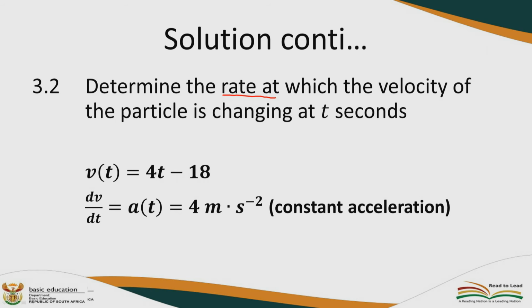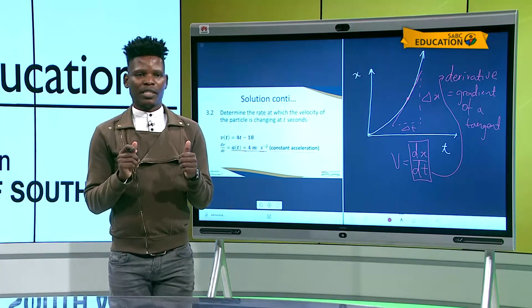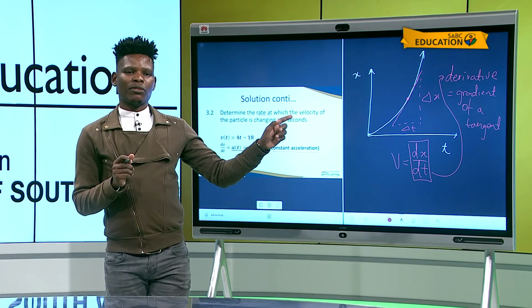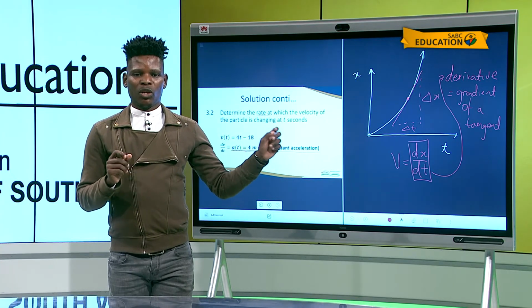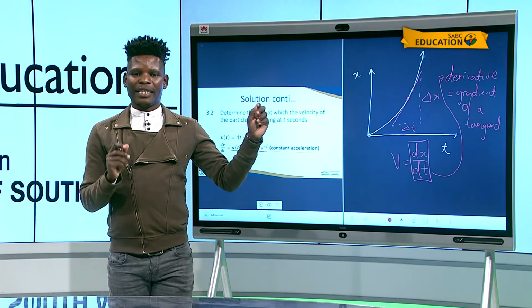You will realize that this expression is not a function of time. Since it's not a function of time, it means that we have constant acceleration. Now I want us to also look at the sign of our acceleration. The sign of our acceleration is positive. If we compare it to the sign of our velocity, you can clearly see that the signs are different.